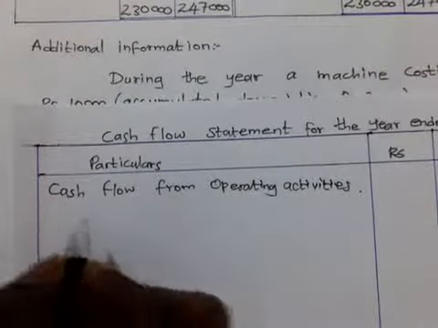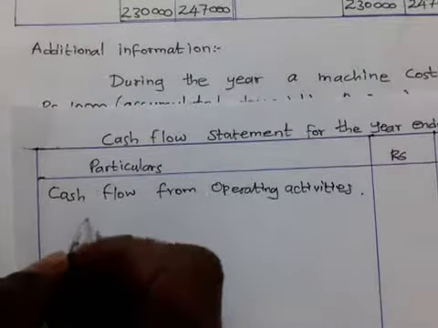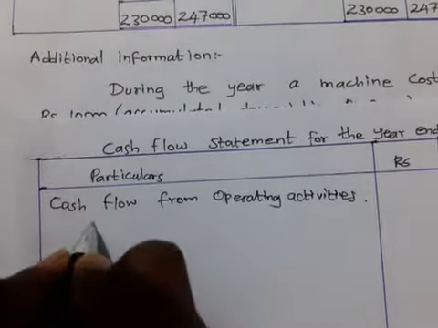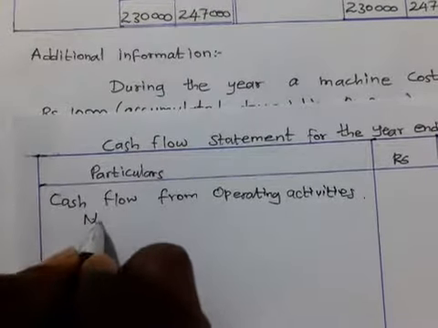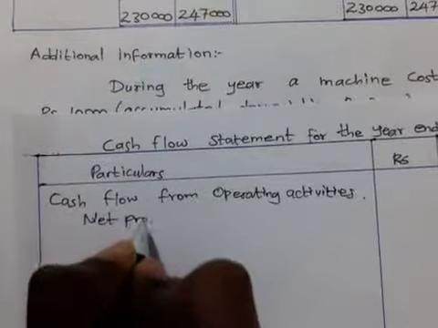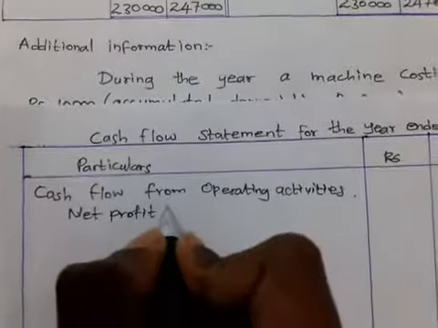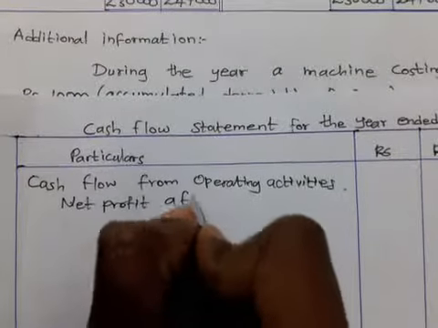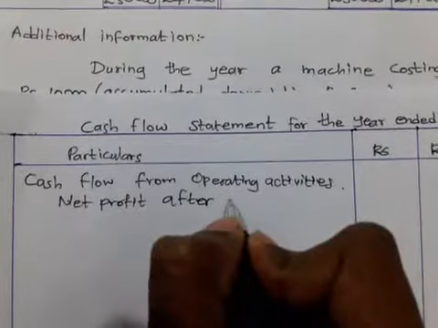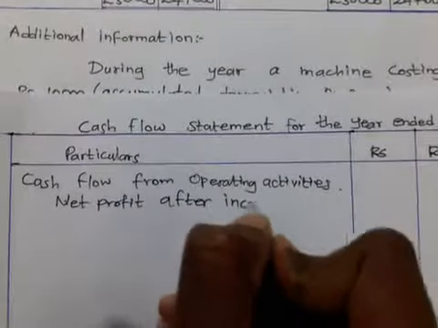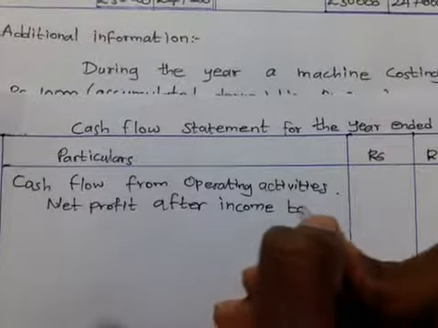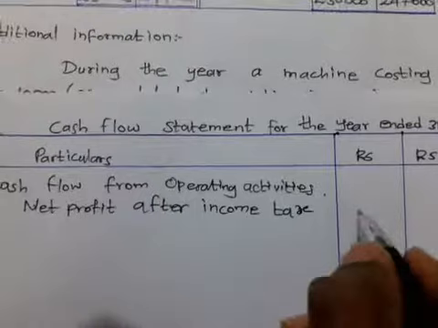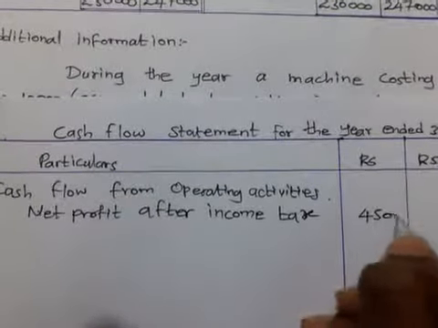Under this category, first thing is net profit after income tax, $45,000.